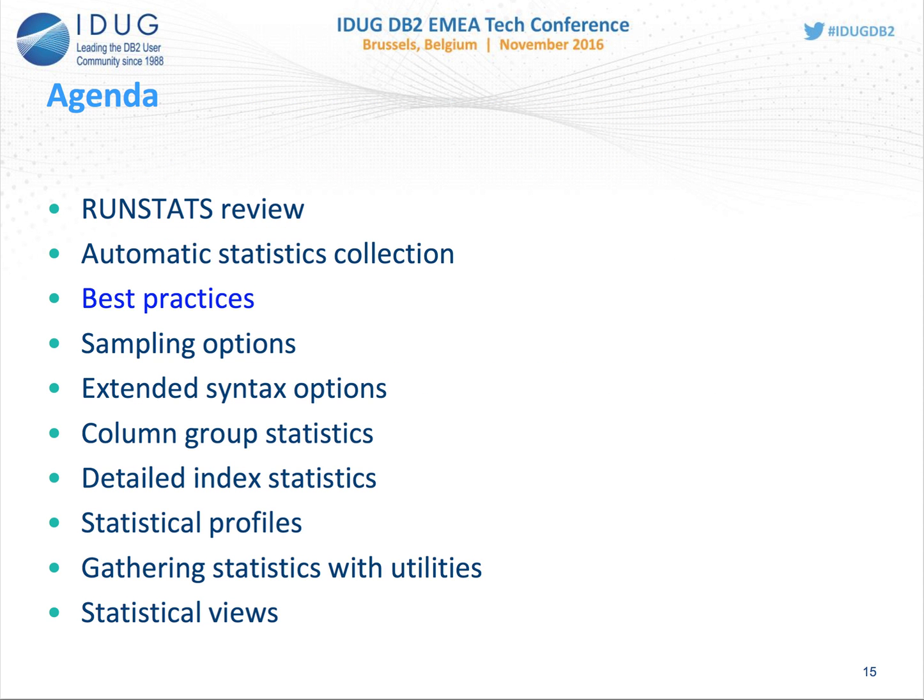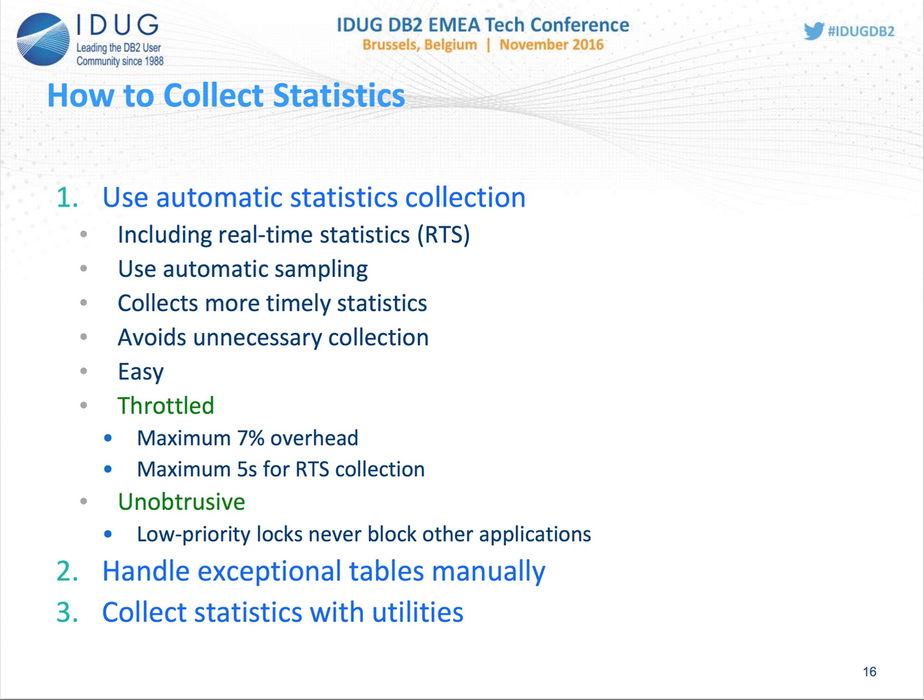Next we'll talk about some best practices for collecting stats. Basically, I recommend using automatic stats collection, including real-time stats, so have those two switches on. It'll collect stats at the right time, and it will avoid over-collecting stats, because if you don't know when or what stats to collect, you might just do run stats at regular intervals, and there could be a whole set of tables where the data is really not changing and you don't need to do the run stats.